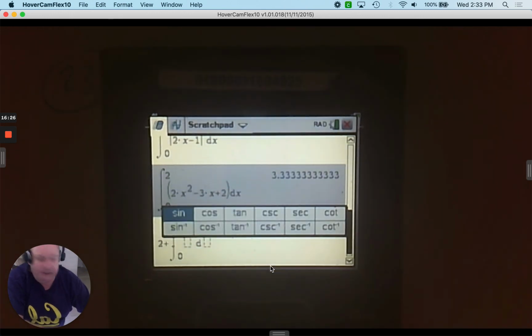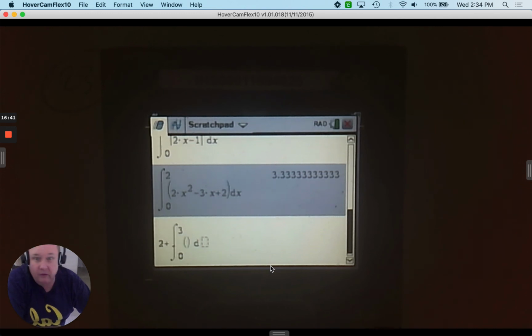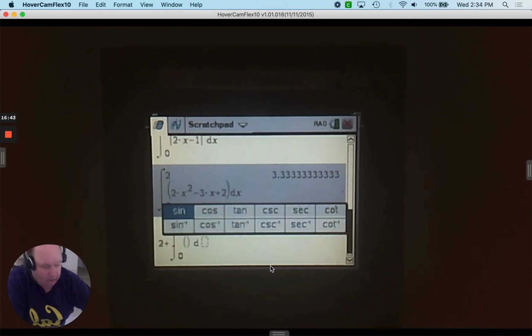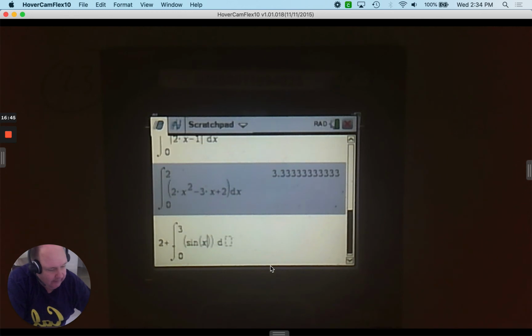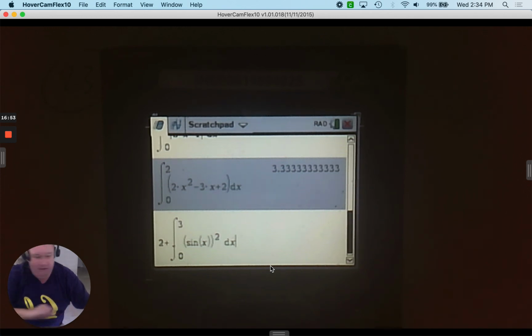Let's start with parentheses. A little tricky. So with parentheses, sine, so press the trig button, and then sine x, and then outside the parentheses, square it. Okay, that's what it means. Sine x, and you squared it.